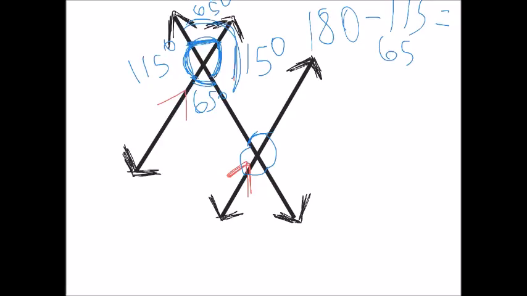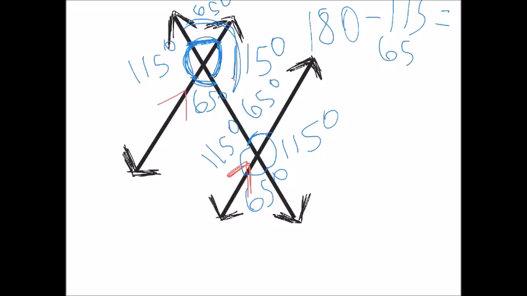And we can use the principle of corresponding angles over here. So we can figure out that this is 65 degrees. And we can figure out that this is also 65 degrees because they're opposite. We know this is 115. And that is 115. So there you have it.